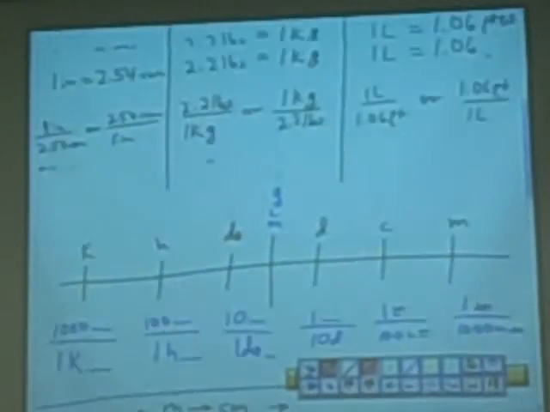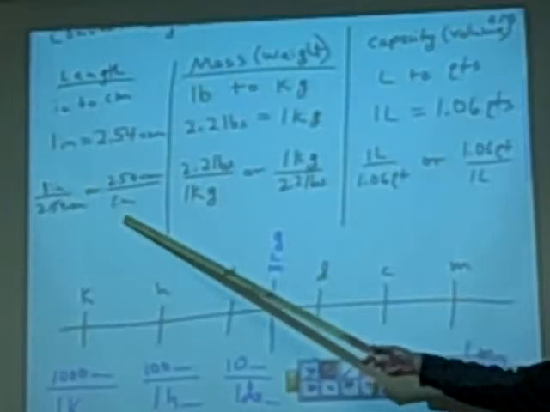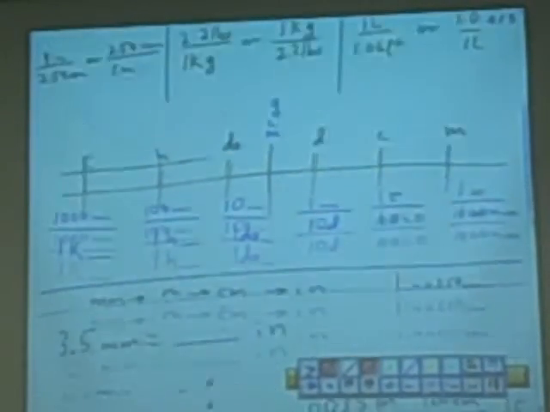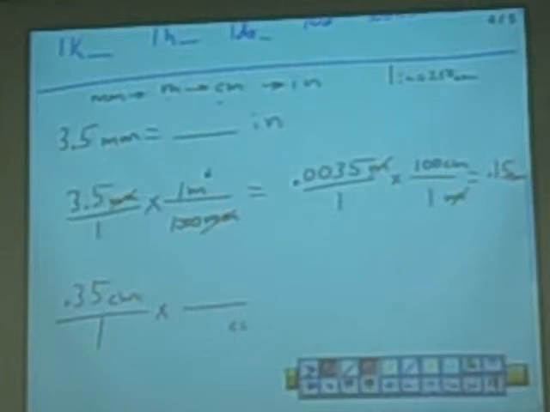So we said before we can do 1 inch over 2.54 centimeters, or we can do 2.54 centimeters over 1 inch. But we want what to cancel? The centimeters, right? So that means centimeters has got to go in the denominator, right?